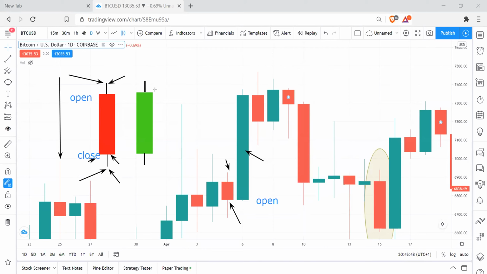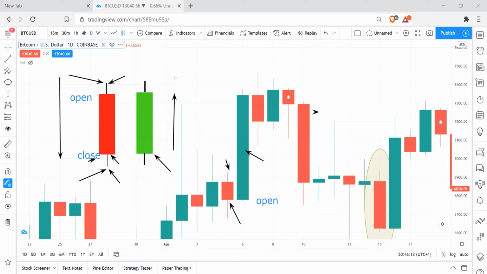So now, let's label the buy candle. Remember, for a buy candle, is it going down or is it going up? It's going up, it's increasing in value. So price is going all the way up. Where is the open of this candle? Down here.